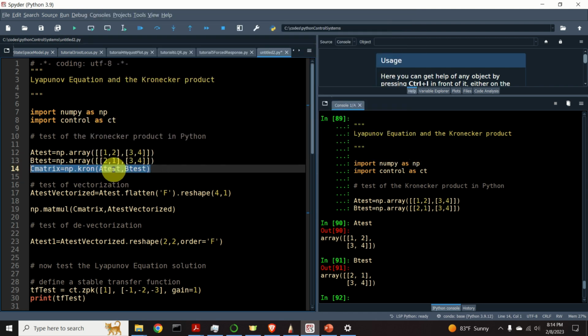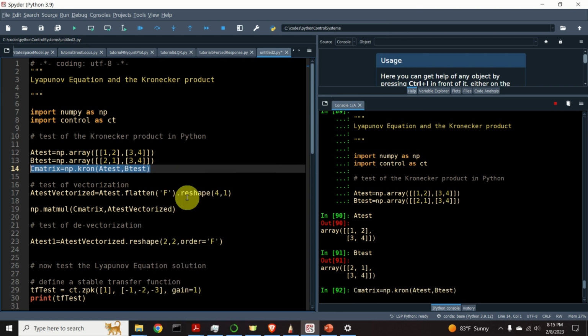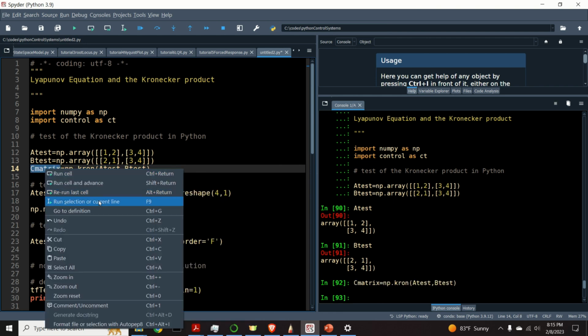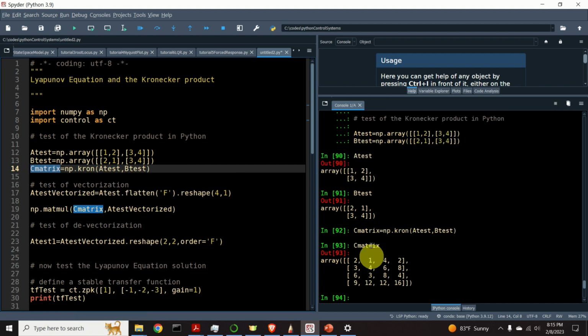We specify the first matrix, we specify the second matrix, and let's see the result. Here it is. How can we verify this result? Well, this block over here is 1 times B matrix, and obviously that's correct. How about this block over here? It's 2 times B matrix. It's correct, and other blocks are correct.